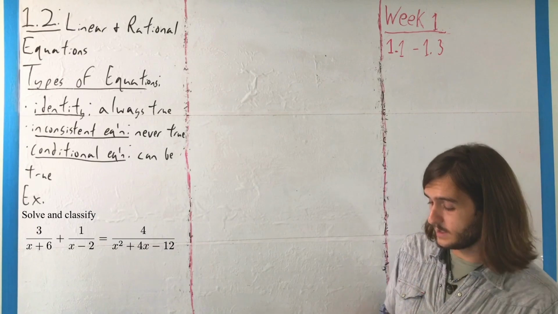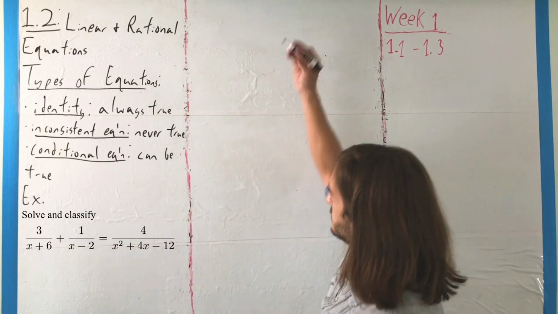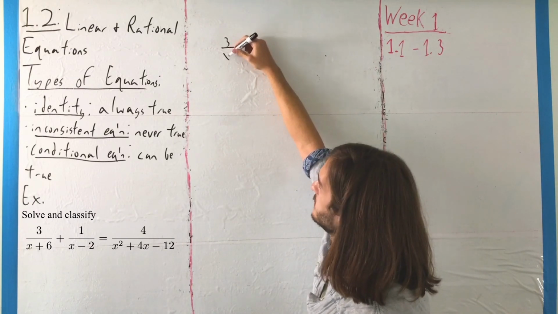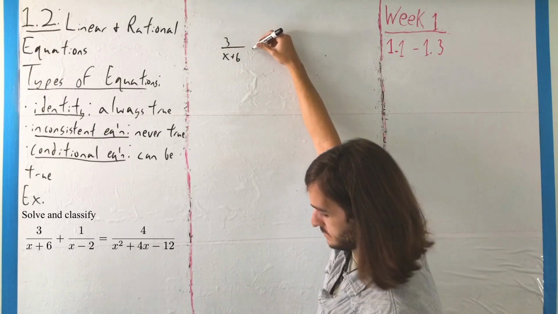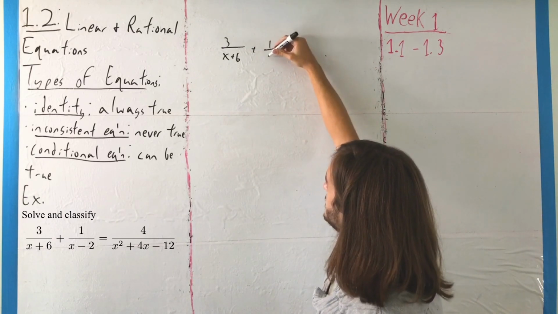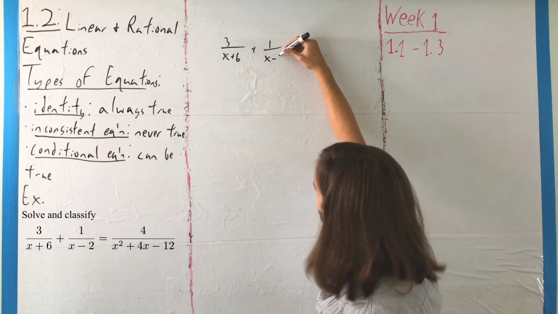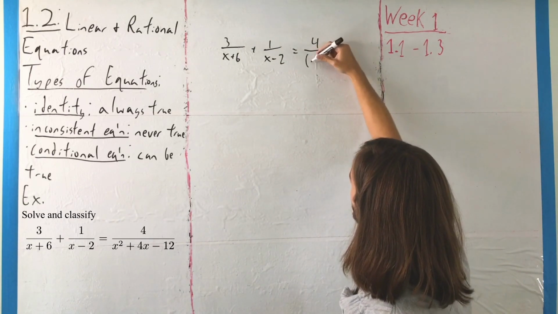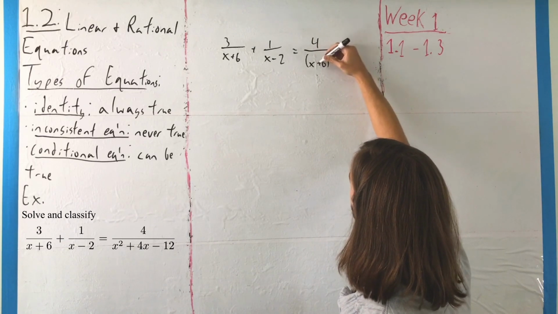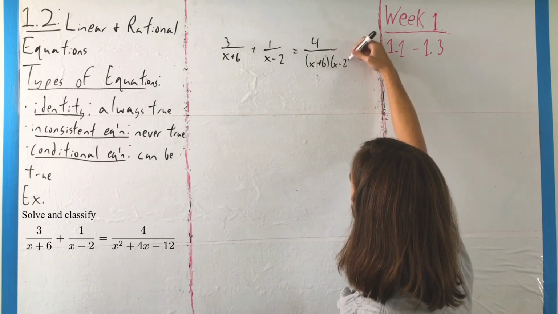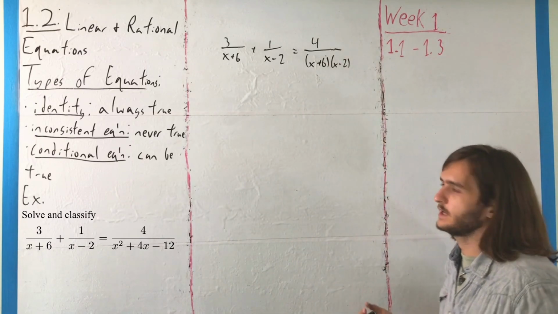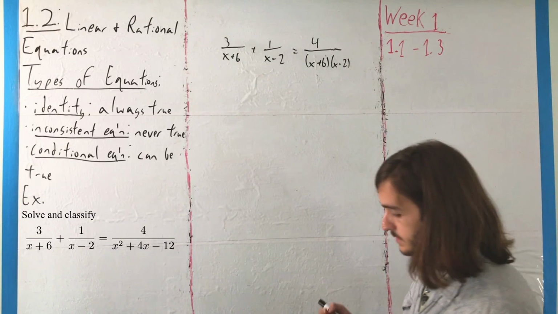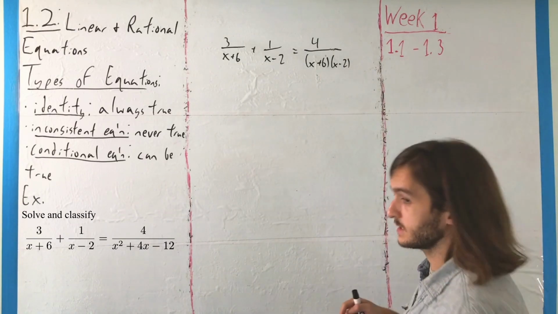We'll get there. The point is that our mess there has a slightly friendlier version as 3 over x plus 6 plus 1 over x minus 2 is equal to 4 over the product of those two linear denominators, which doesn't seem great, but it actually makes our idea with the least common multiple a lot nicer, because the LCM for these three is just going to be that.